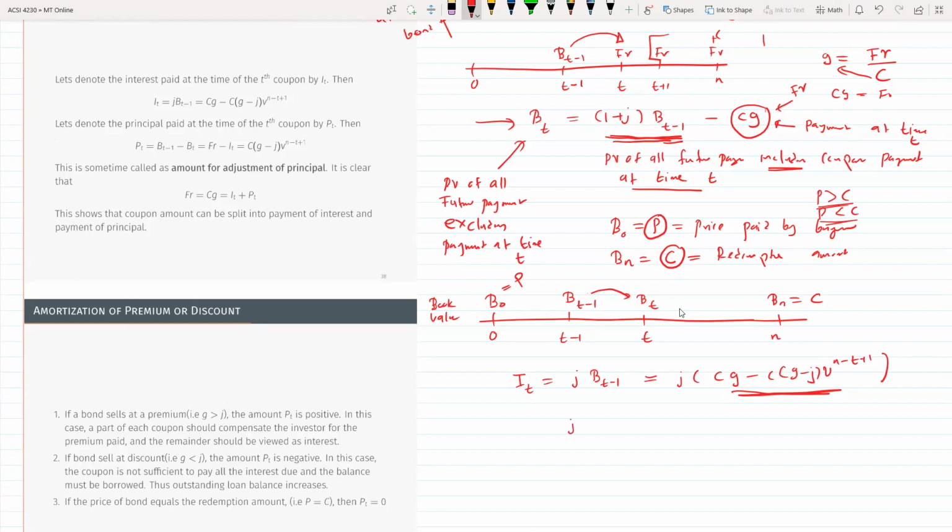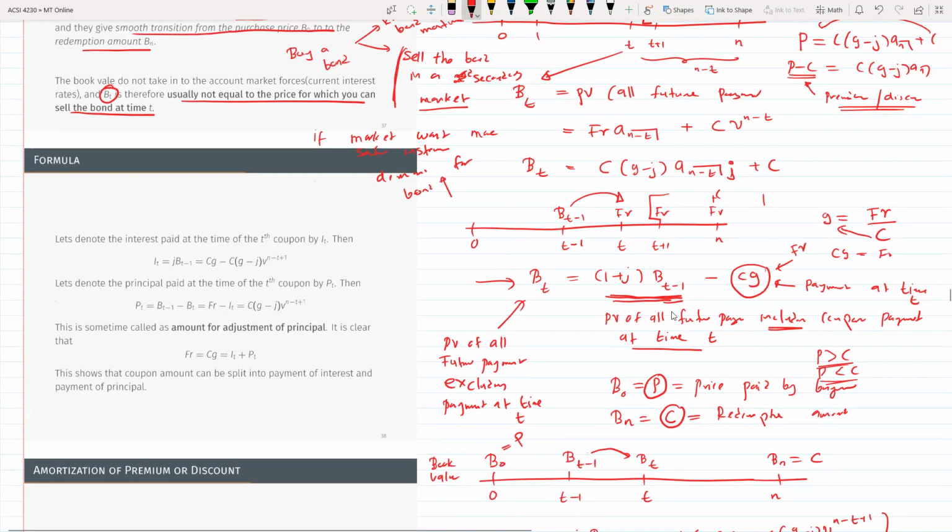So you have j. What is BT minus 1? We have the formula here, no? So BT minus 1 is going to be this one.